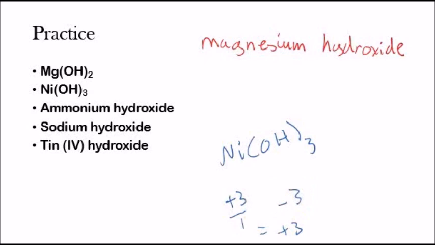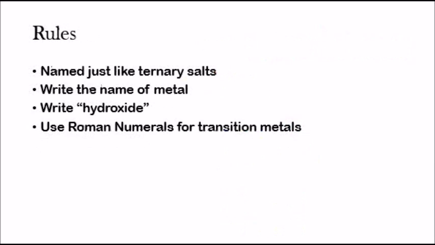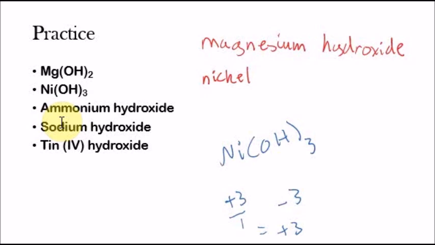So when we write the name right here, we're going to have to write nickel, and we're going to have to write the Roman numeral to indicate the oxidation state.